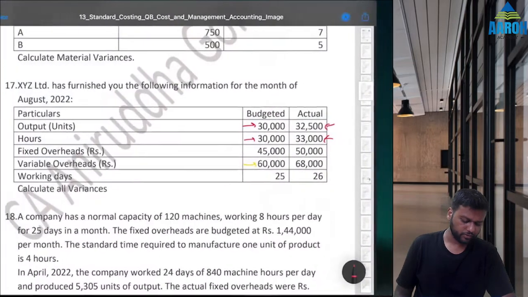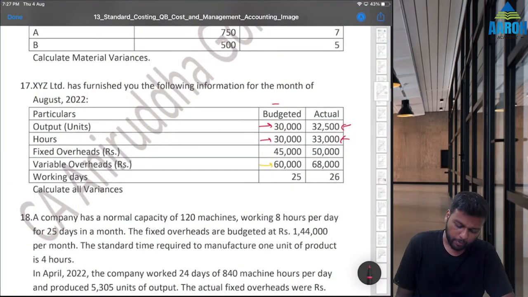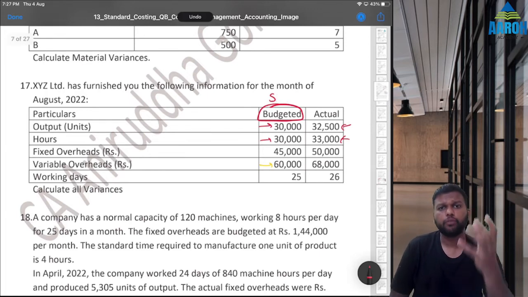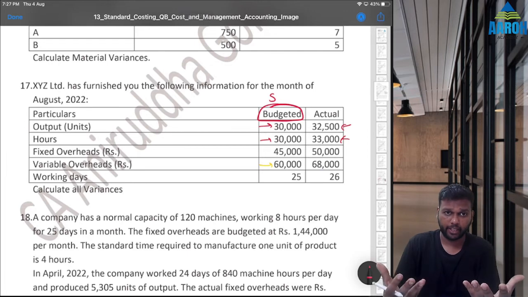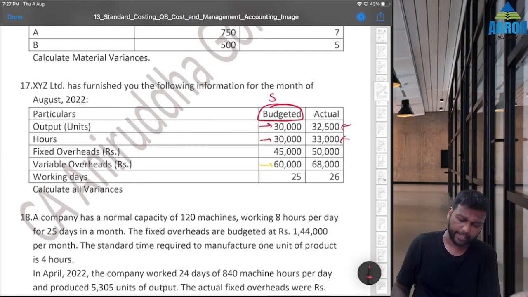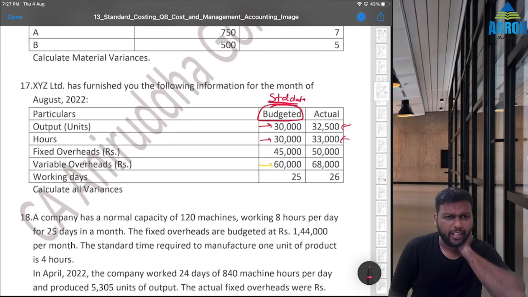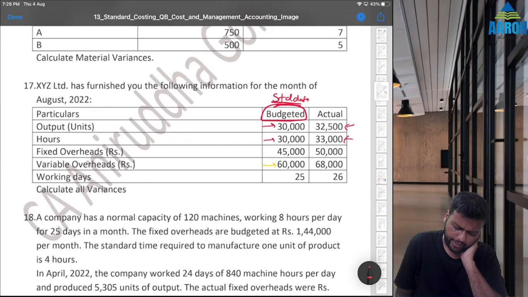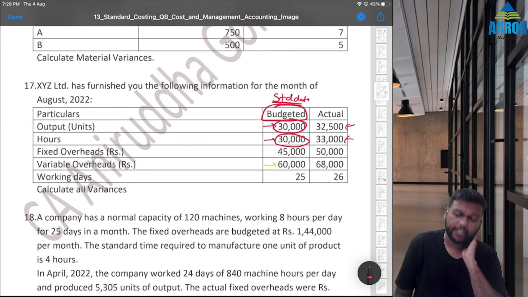Concentrate. Now, as per budget, understand, budget is our standard also, right? On a per unit basis, whatever we budget, when we prepare the budget, that is as per our standards. So we can always get standard data from budgeted data. Now understand, in the budget, they are saying in 30,000 hours, 30,000 units are produced.